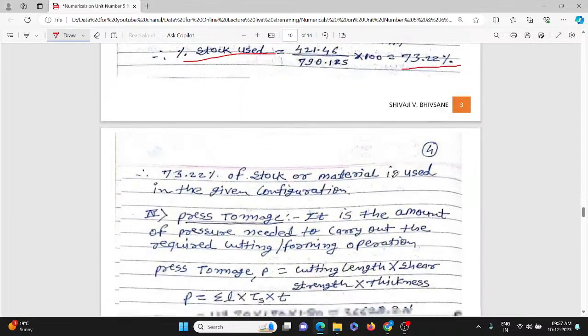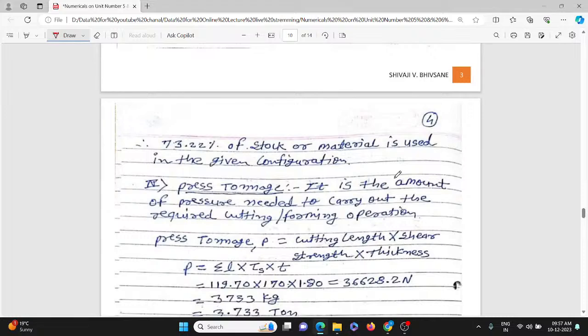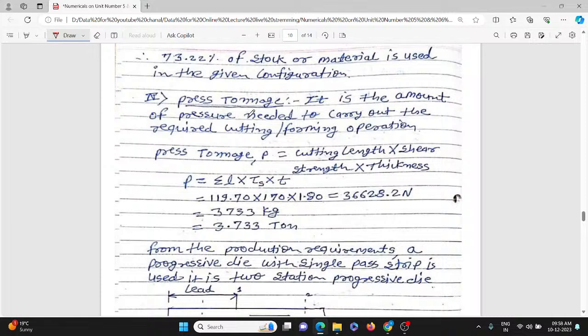Okay, so 73.22% of the stock or material is used, and that is given in the configuration. Then the press tonnage can be calculated. It is the amount of pressure needed to carry out the required cutting or forming operation.